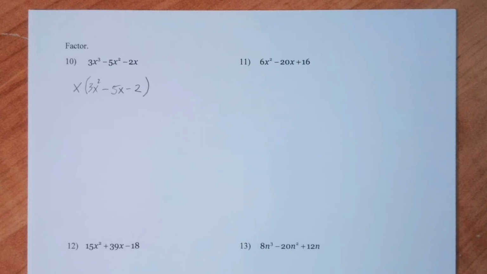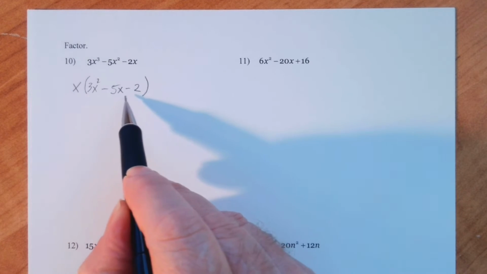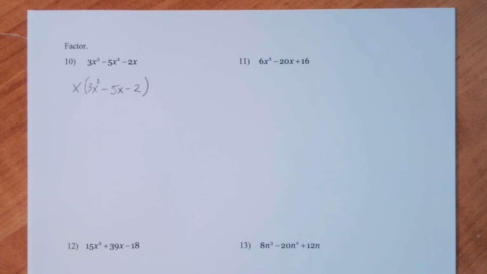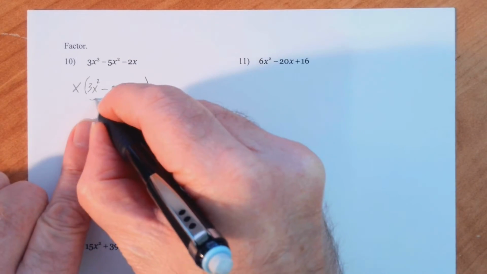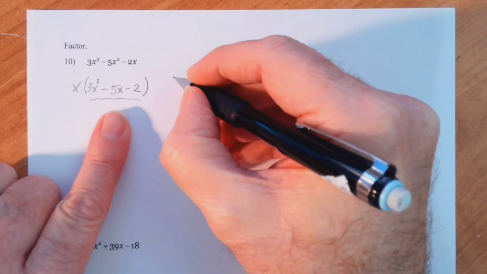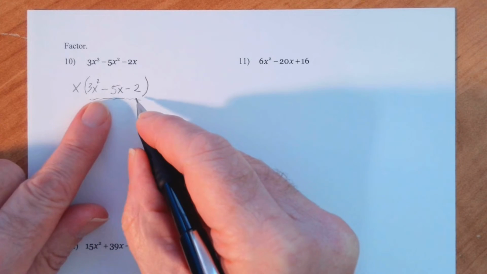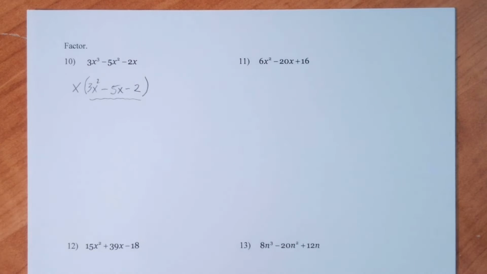And so the first thing we did was factor out a GCF, but I want you to look inside the parentheses here, and that's the kind of trinomial that we should be able to factor, or at least the kind we've been factoring using the AC method. So we're going to focus on this part right here. When we're done, we're going to get two binomials that multiply to this, and we'll need to have an x out front. So we're going to end up with three factors here.